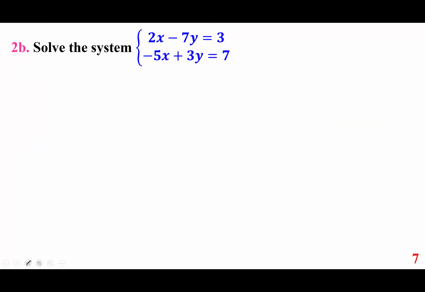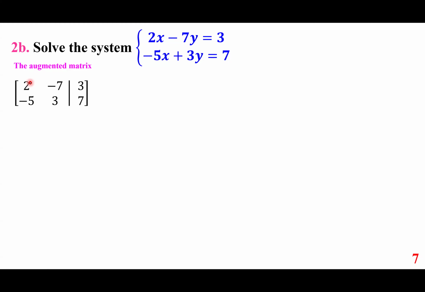We want to solve the system. So we are going to start with the augmented matrix, which means 2, -5, -7, 3, 3, 7. We want to make the first entry 1, so we can divide by 2.